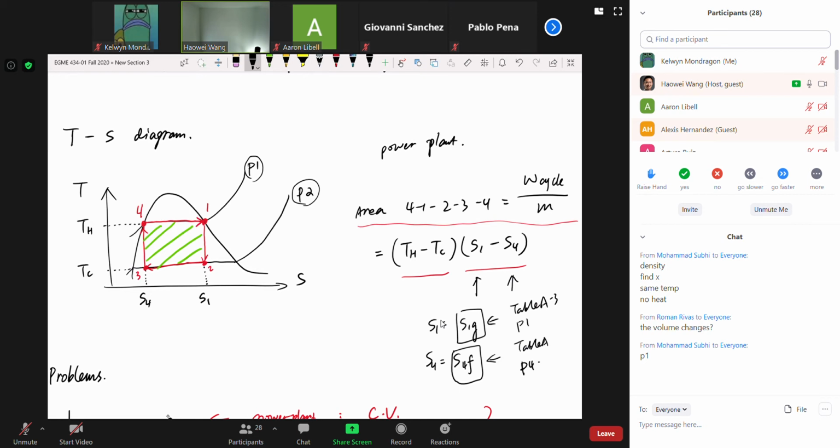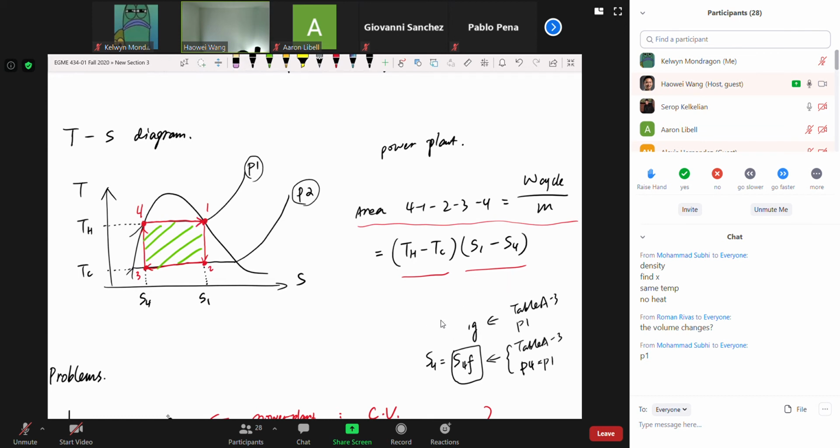P4 is equal to the pressure of 1. Yeah, P1, right? So table A3 again, and that's it. All right, this is how you can calculate the area of the enclosure very quickly.